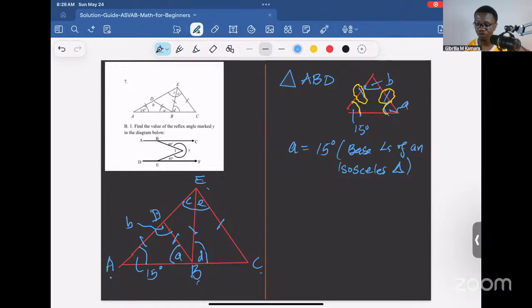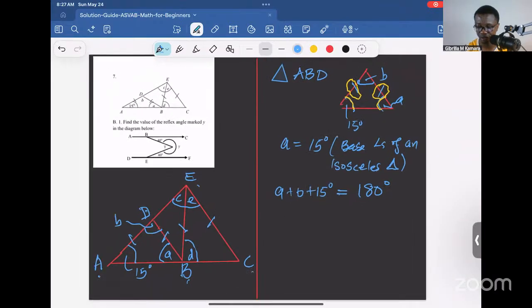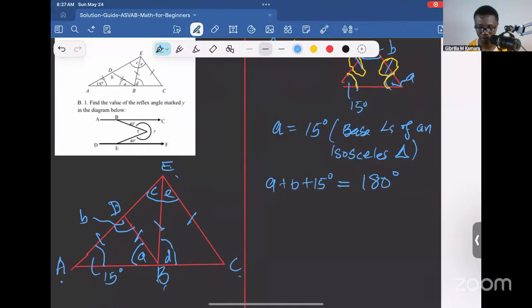Now, if you want to find B, you say A plus B plus 15 degrees equals 180 degrees. Why? Because of the sum of angles in a triangle. But A is also 15. So I'll just bring this one up.